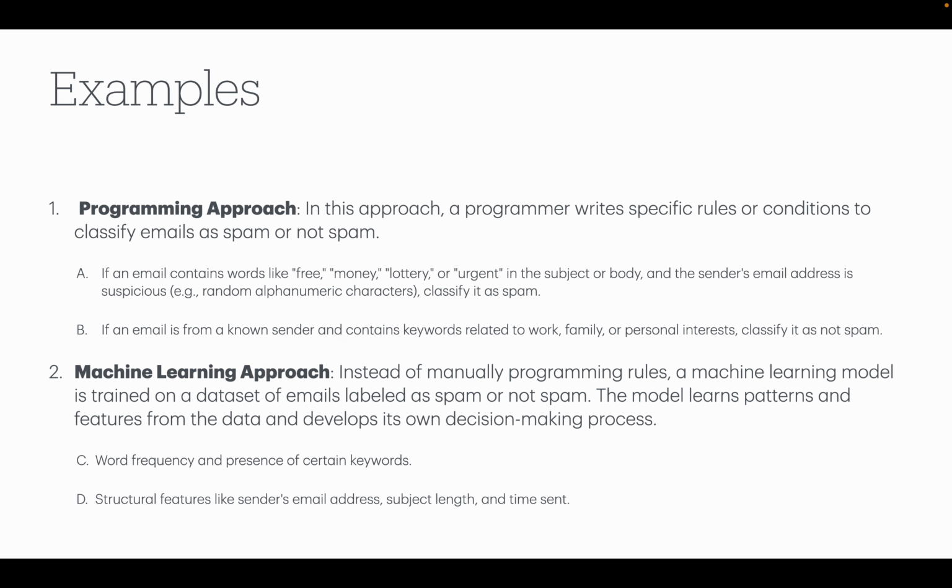That problem we all have seen. Now let's see how we solve this problem in both approaches. One, when we had programming and we were trying to get a solution with the help of a programming approach, and then when we have machine learning, how machine learning will solve the same problem.